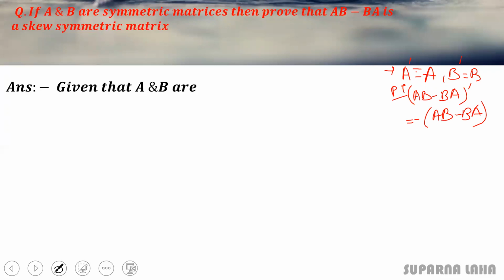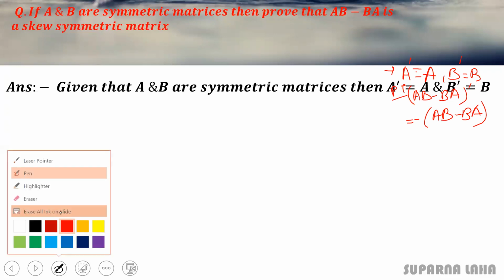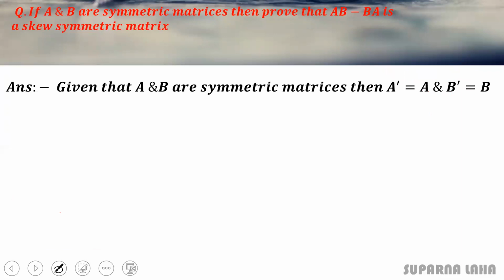Here it is given, write down the condition. What is given here? That is A prime is equal to A and B prime is equal to B. So (AB minus BA) prime. Just write down minus here. (AB minus BA) prime, so X minus Y prime or transpose, you can say.